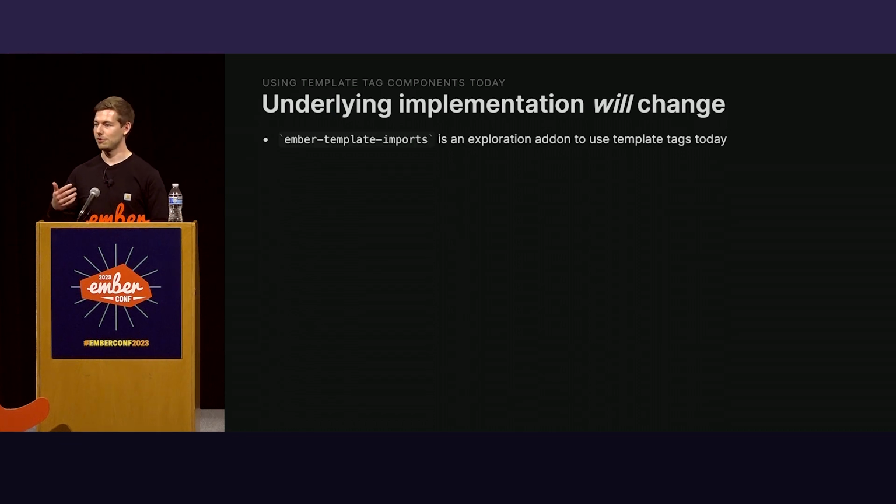So if you remember from the beginning of the talk, we had those 4 different ways to do imports. This was a way to implement multiple versions of that, and basically see, based on evidence, what it actually looked like and what works well.